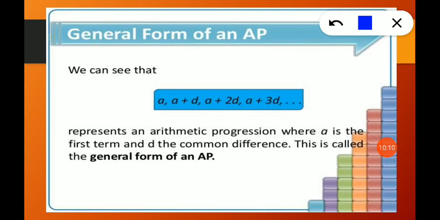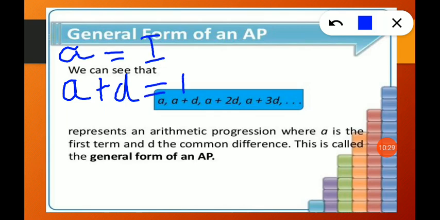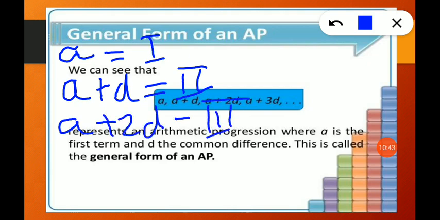So suppose the first term is A, then the second term will be obtained by adding a number, let that be D. First term we have taken A, second term will be A plus D. Then what will be the third term? We have to add one more D here. After adding one more D, you will get A plus 2D. Good. That will be the third term.